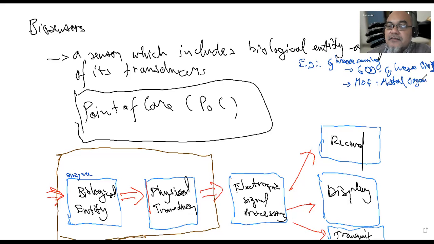This is a non-organic material that can be designed to mimic the function of a biological entity. For example, it can mimic the function of an enzyme to do catalysis, to oxidize glucose, similar to what GOD, glucose oxidase, does.